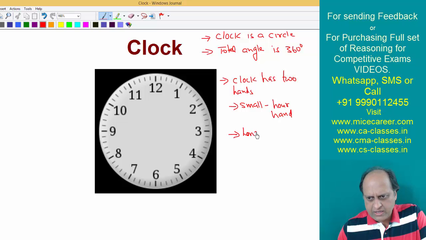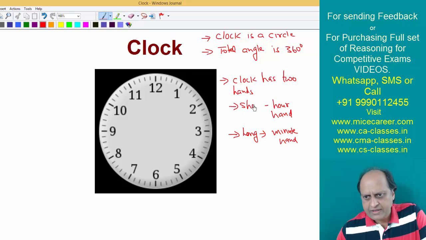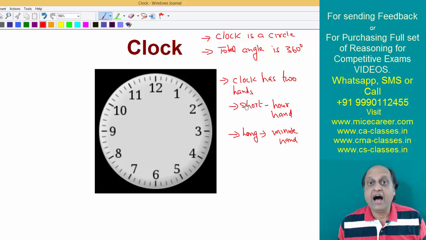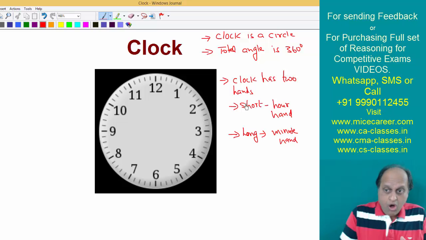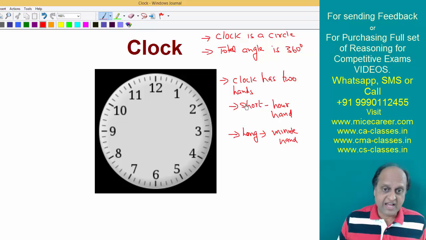The long one is the minute hand. Instead of small, I will say short. The short hand is the hour hand, and the long hand is the minute hand. For you, I will make a hand.